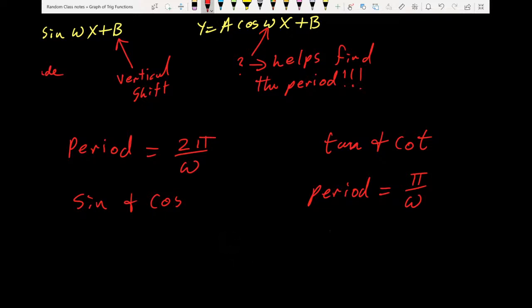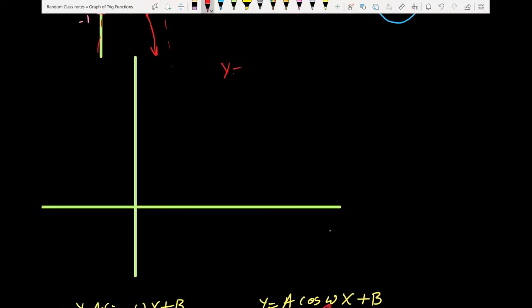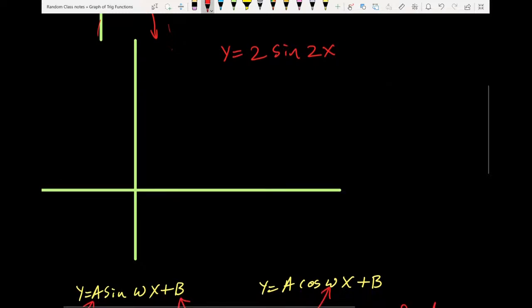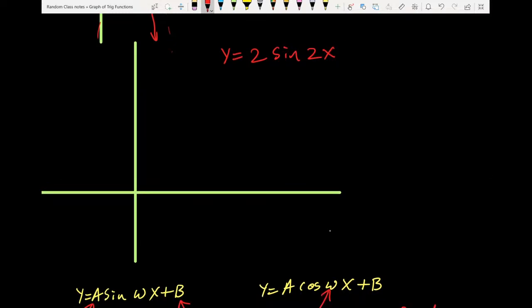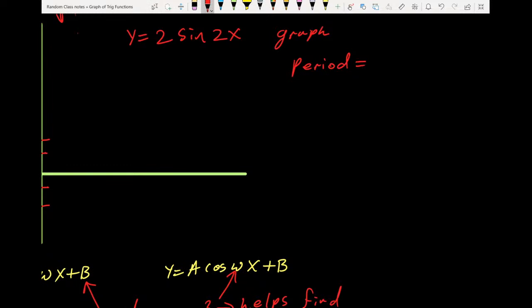Okay. All right. So now let me look at a problem. y equals 2 sine of 2x. All right, let's graph this. First thing first, what's the amplitude in this case? What's the period, guys? 2 pi.